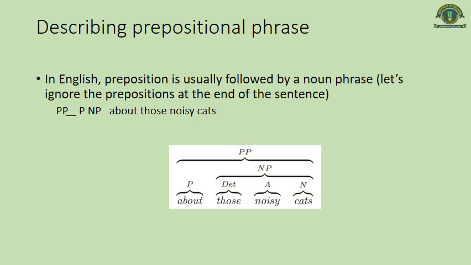For example, about those noisy cats. So now we can put that together. A prepositional phrase is made up of a preposition, about, and the noun phrase separately, which contains a determiner, adjective and noun: those noisy cats.